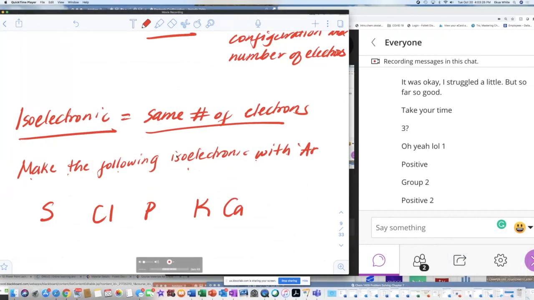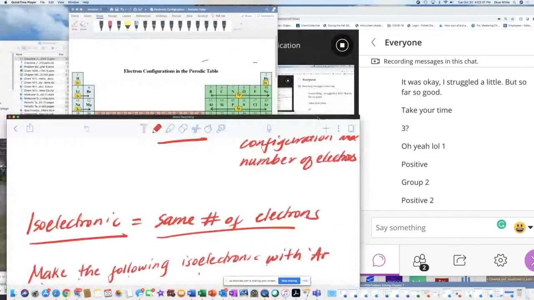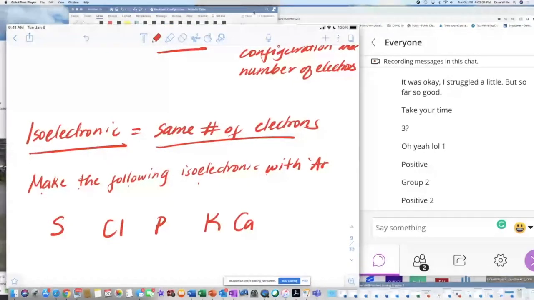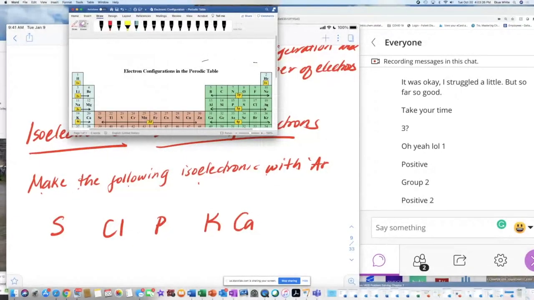So to do that, let me figure out, first of all, how many electrons does argon have? Okay, argon has 18 electrons. Let me see how many the others have. Sulfur has 16, chlorine has 17, phosphorus has 15, potassium has 19, and calcium has 20.